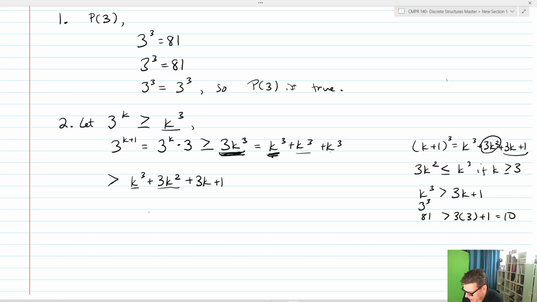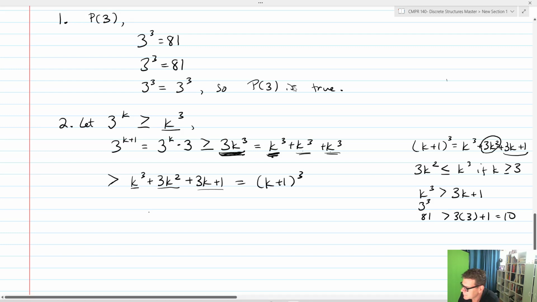So we keep the equality there, but then 3k plus 1 is going to be strictly less than k cubed when k is greater than or equal to 3, and so we can change this to strictly greater than. What we've done is shown that each term, one by one, is less than, and this thing here is then equal to k plus 1 cubed. And there we are. That's done.